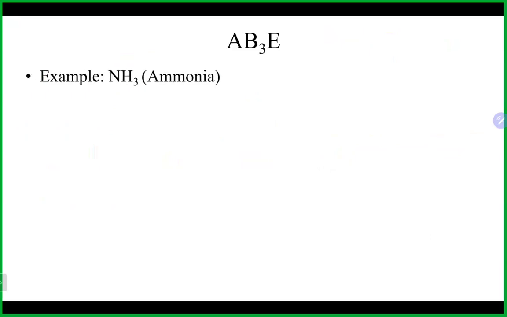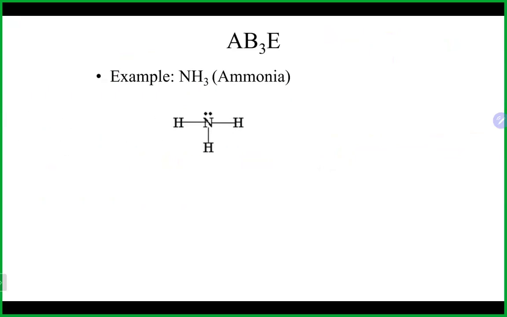The next example would be something like NH3, which is ammonia. And again, we're going to focus in on the central atom always, and the number of electron pairs, and the number of bonds. So number of electron pairs in this case is going to be 1, 2, 3, and 4.